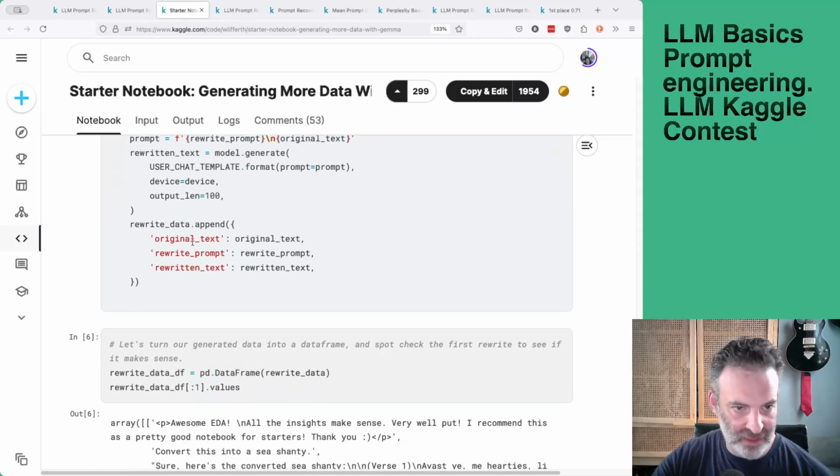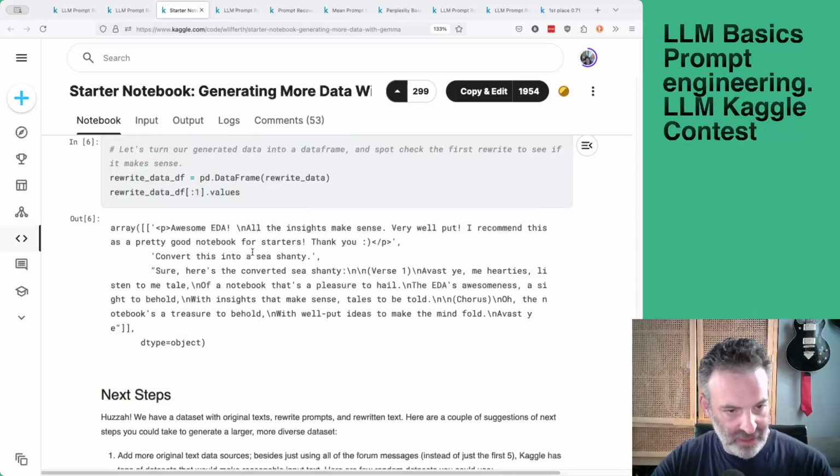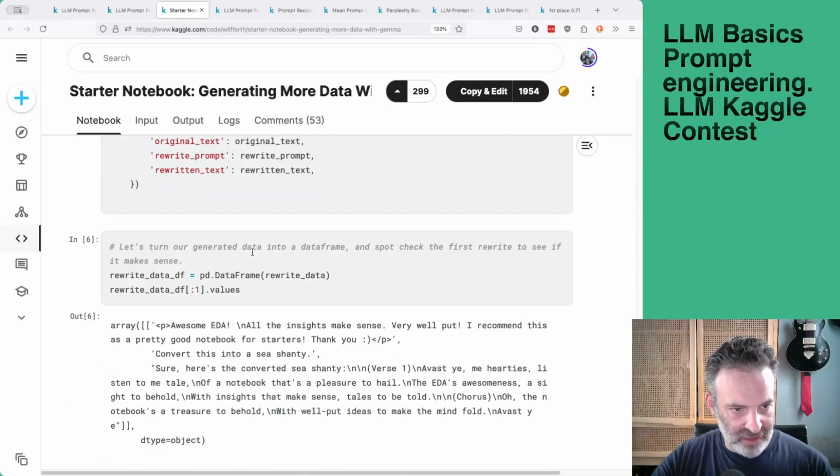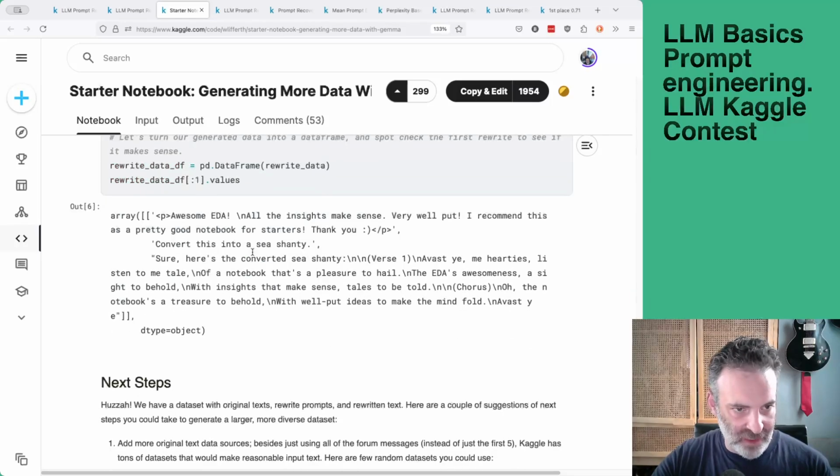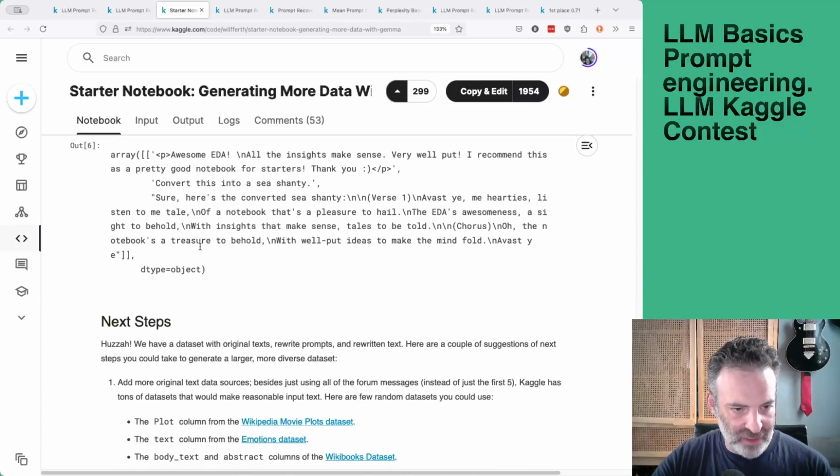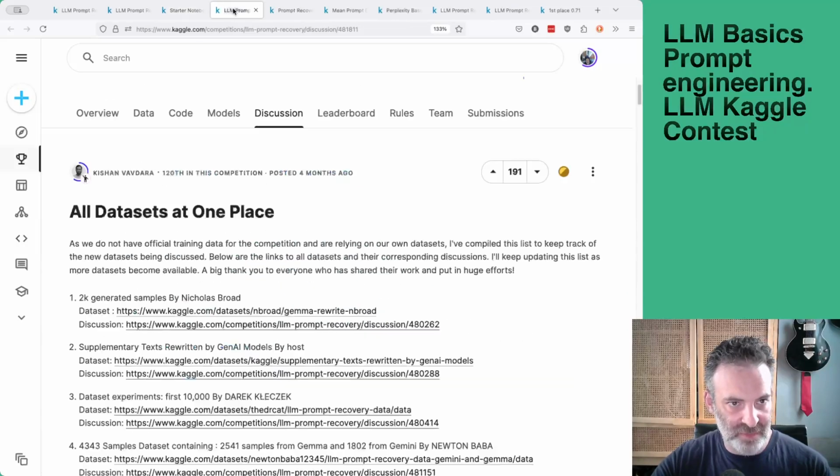Okay, so taking the data, right? So original text, rewrite the prompt, and then going through a loop here, and then you have a data frame at the end of all of the text that's been rewritten.